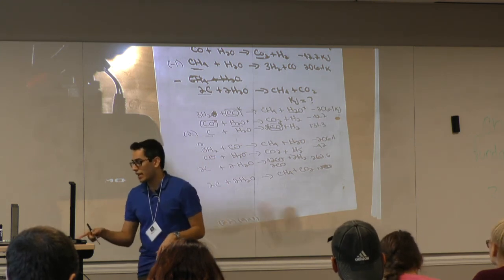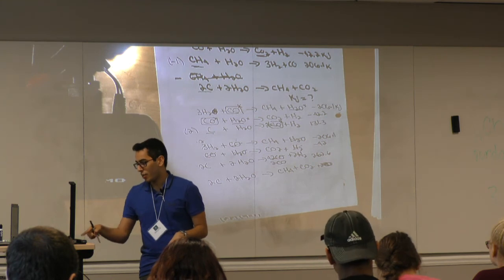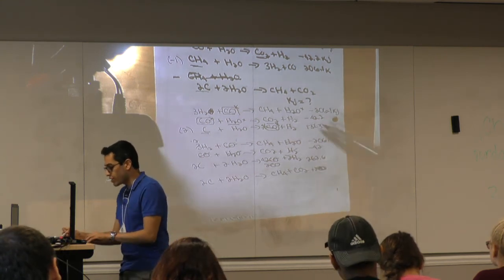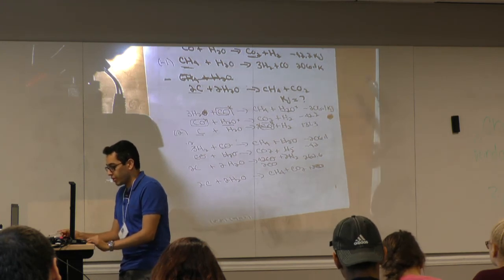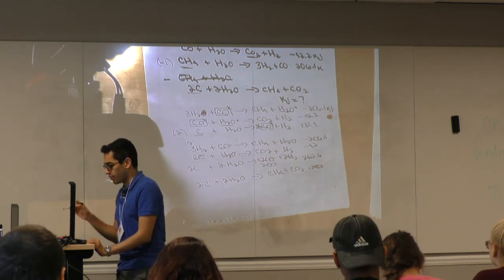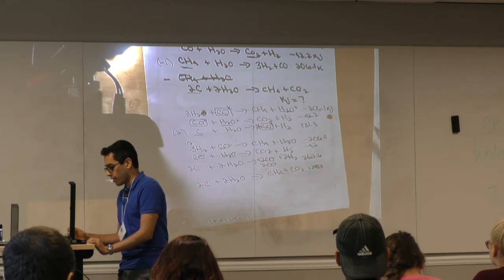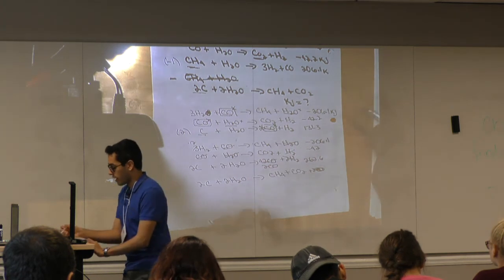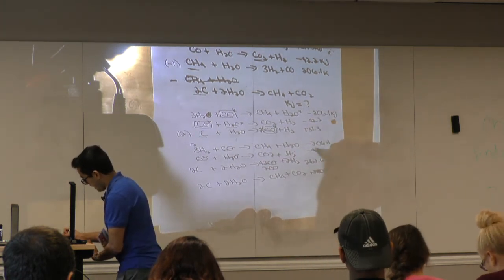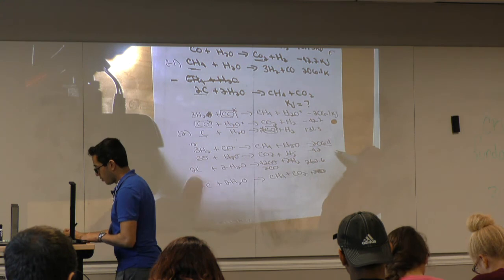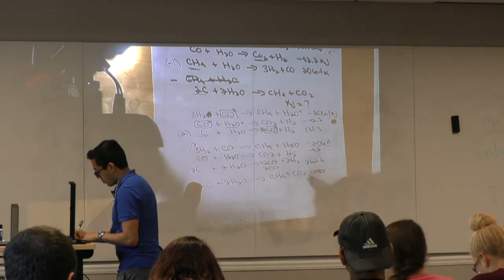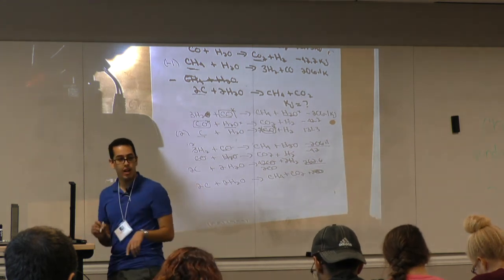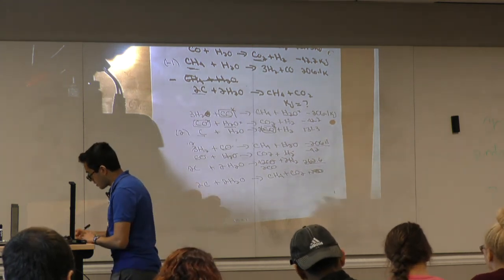You just use negatives to flip it, or coefficients if you need more of a compound to cross out. And so now that we got the equation we wanted, and we already manipulated the numbers, we just add the numbers up. So originally our numbers were 131.3, negative 42.2, and 206.1. We did negative 1 to the 206.1, so we're left with negative 206.1, and then we multiplied by 2 on the 131.3, so we're left with 262.6, and we never touched the negative 42, so we just add them together.